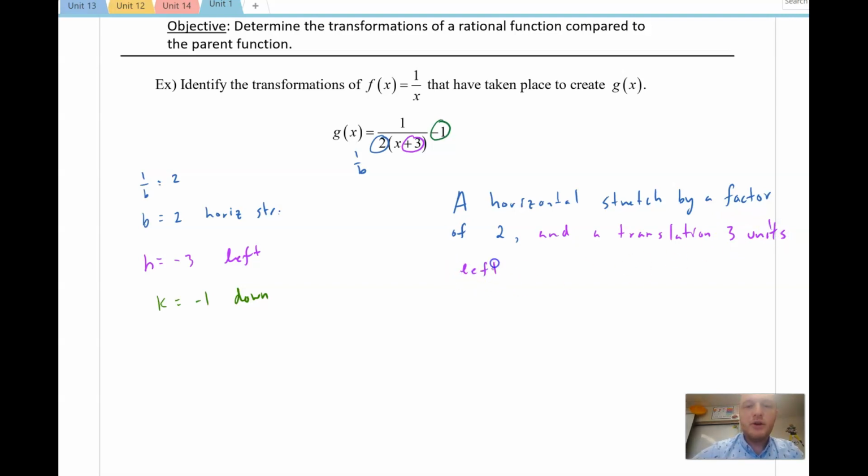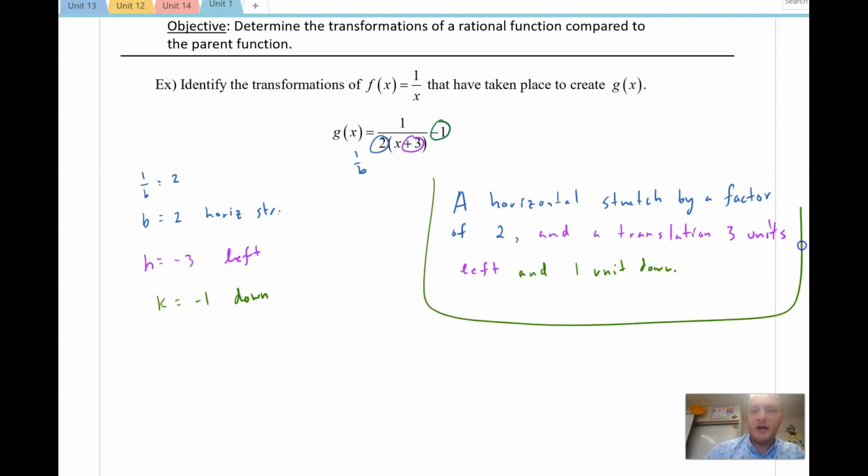Schwarberg, what about the negative? Okay, you don't have to include the negative. The negative just tells you the direction, right? So how many units are you moving left? You're moving left 3. The left kind of tells you it's negative. Translation 3 units left and 1 unit down. Sweet.